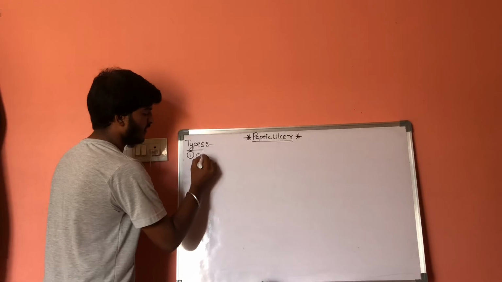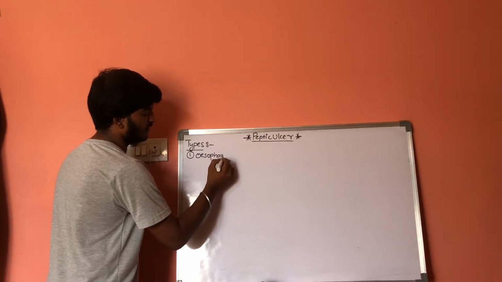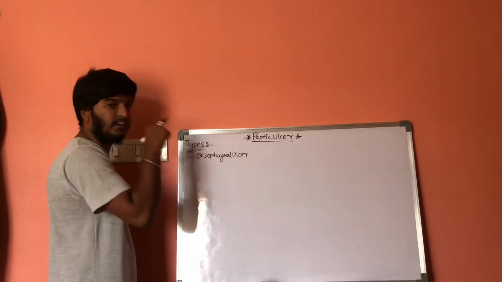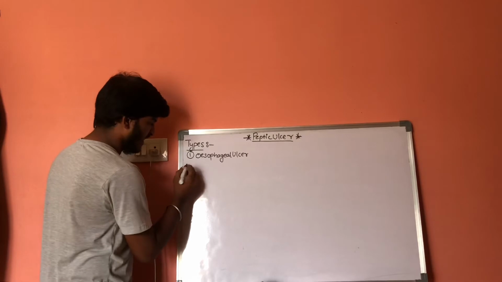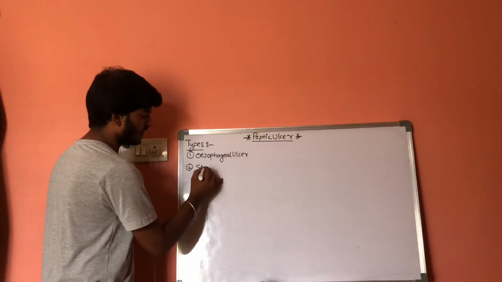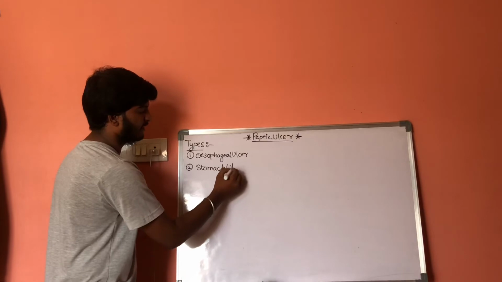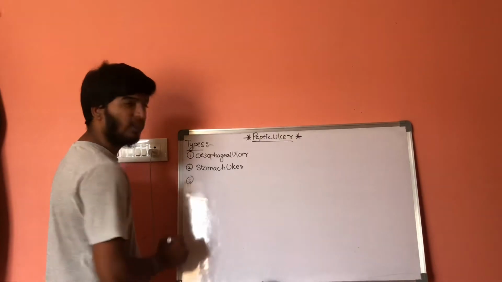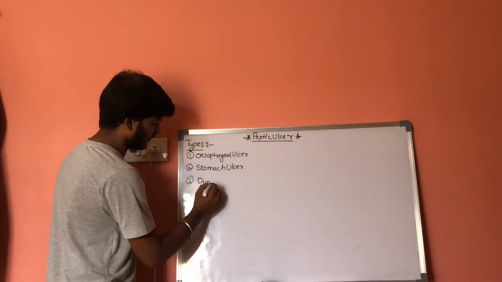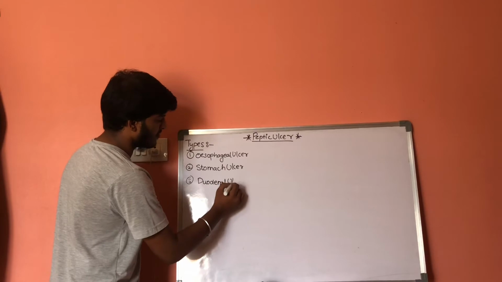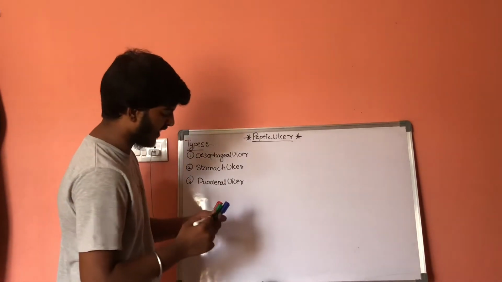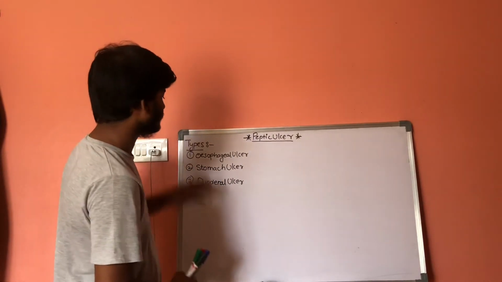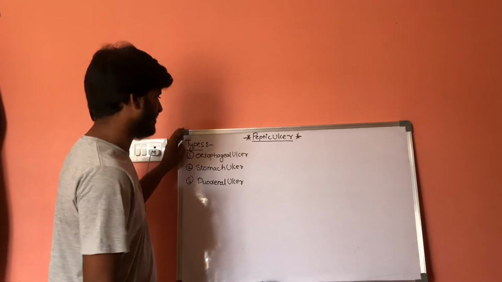First one is esophageal ulcer, where the ulcer formation takes place in the esophagus, and next one is stomach ulcer, where the formation of ulcers takes place within the stomach, and next one is duodenal ulcer, where the ulcer formation takes place in the anterior-most part of the duodenum. So these are the 3 different types of ulcers. This is about types.